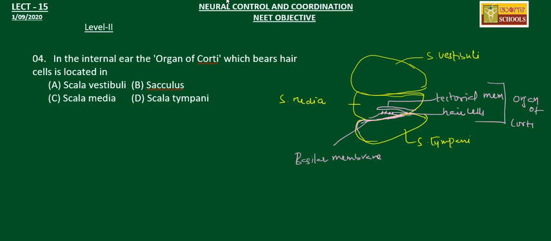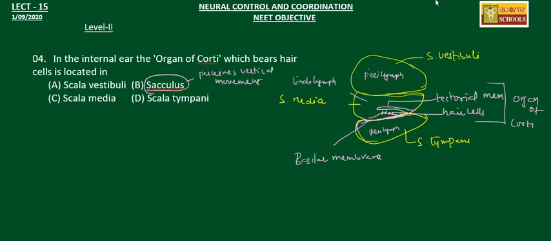Scala vestibuli is filled with perilymph, and the scala tympani is also filled with perilymph, whereas the scala media is filled with endolymph. And this sacculus perceives vertical movement and is a part of the vestibular apparatus.